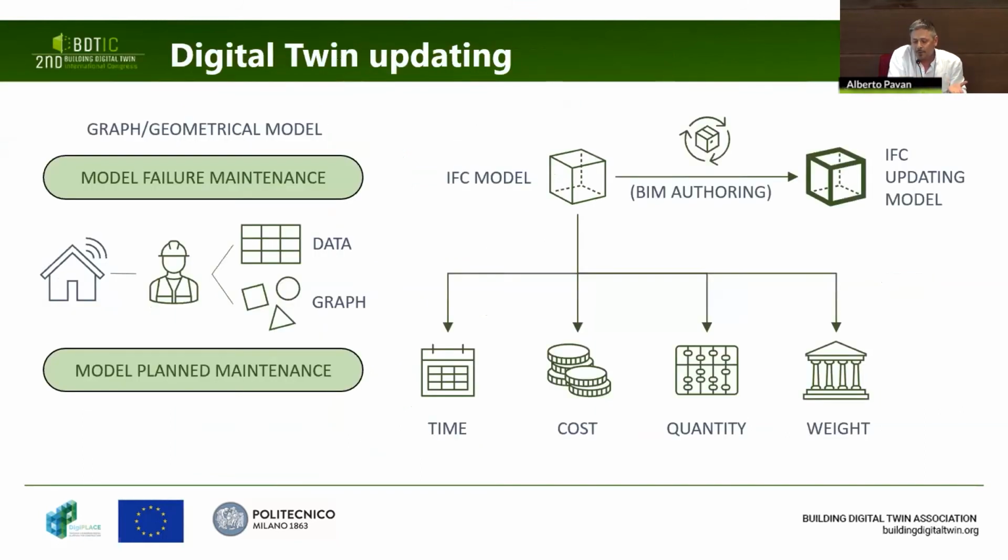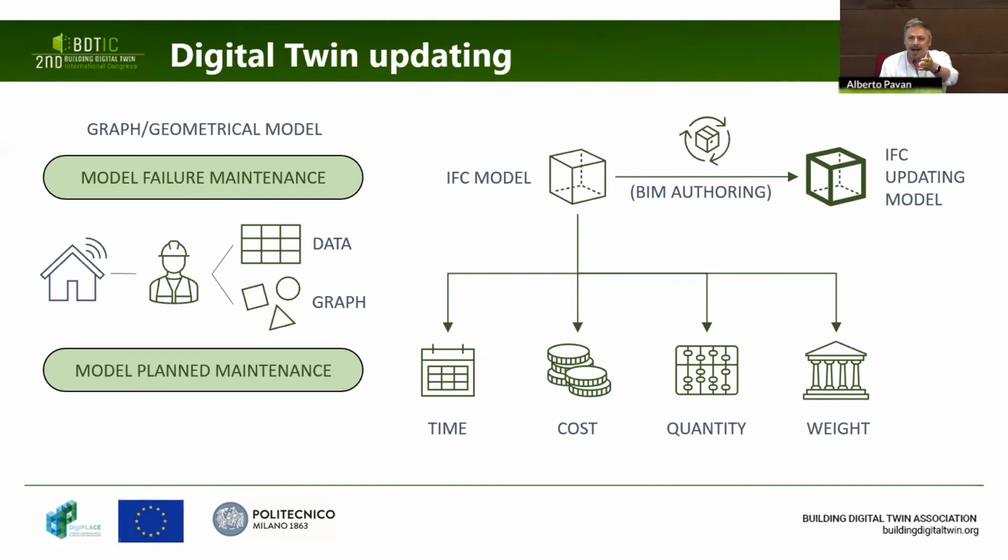Just as you have failure maintenance or planned maintenance of the building, probably we have failure maintenance of the model and planned maintenance of the model. If I have an IFC model, it is a static model, so I need to go back to the BIM authoring to make an update, yes or not.